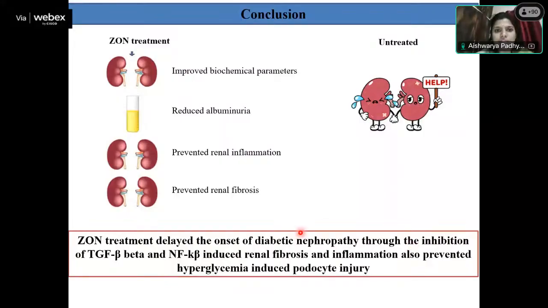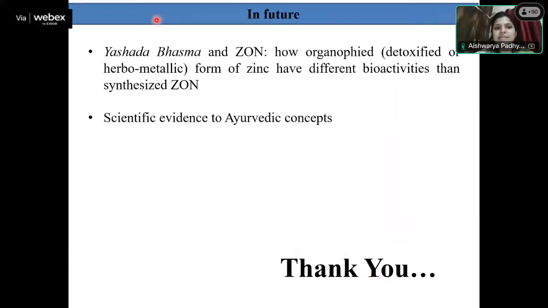So in future, with Supriya ma'am, I'm going to study the difference that synthesized zinc oxide nanoparticles have different bioactivities, like how the organometallic or herbometallic formulation of this differs from synthesized zinc oxide nanoparticles, and also we are going to generate scientific evidence for basic Ayurveda concepts in future studies. So thank you.